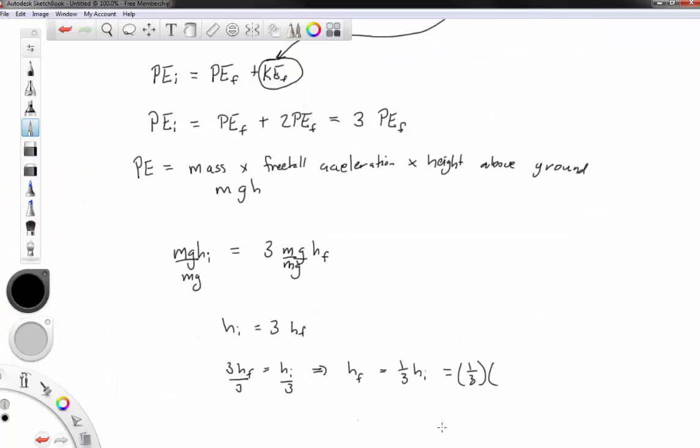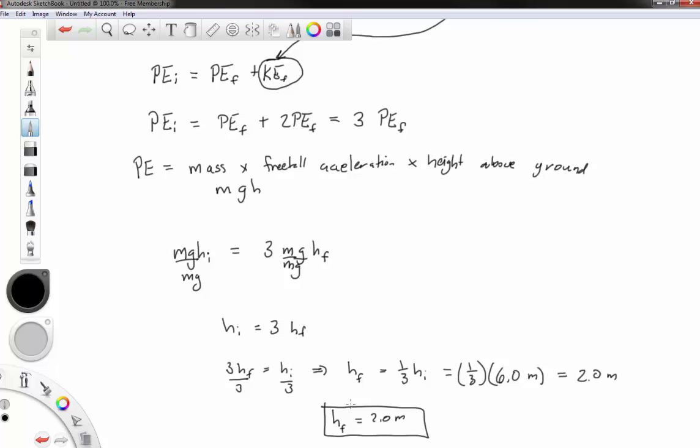So the initial height right here is actually 6.0 meters. And so 6 divided by 3 gives us 2.0 meters. So when we're at a height of 2.0 meters, the kinetic energy will in fact be twice the potential energy.